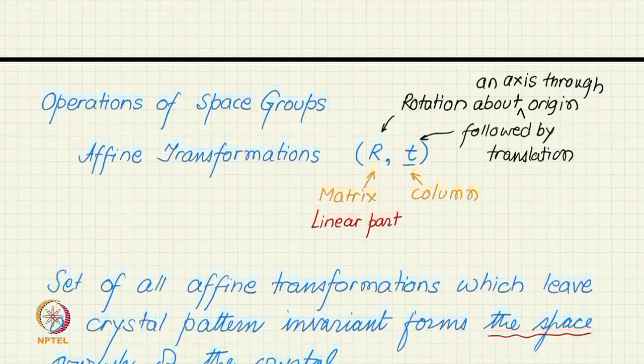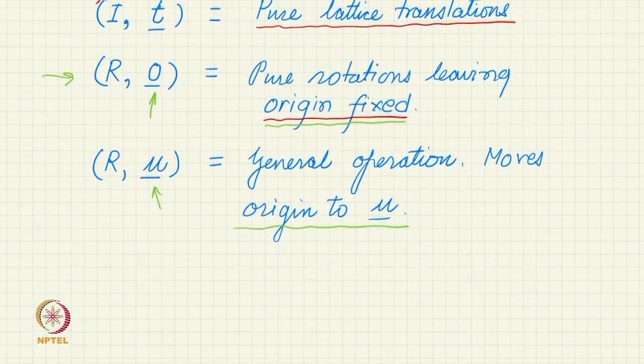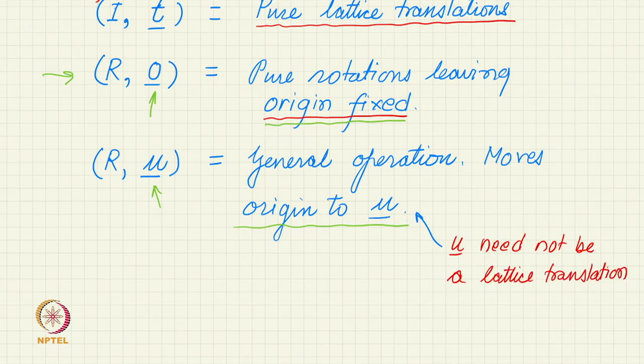So, if the affine transformation is representing a screw operation or a glide operation, then this u will not be a lattice translation. u need not be a lattice translation, for example, in case of screw or glide.